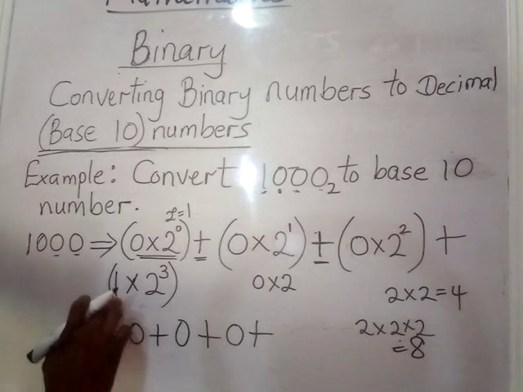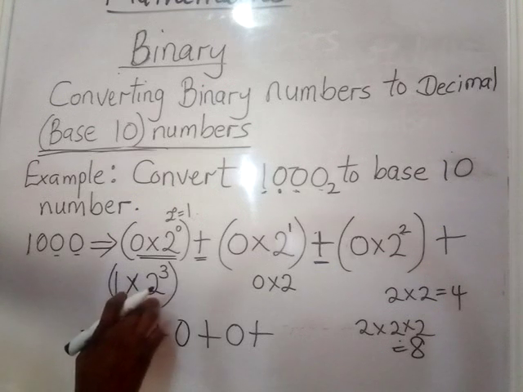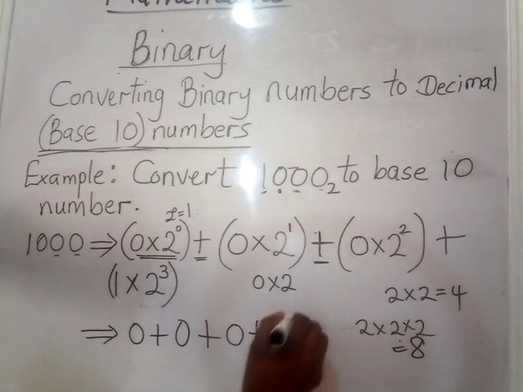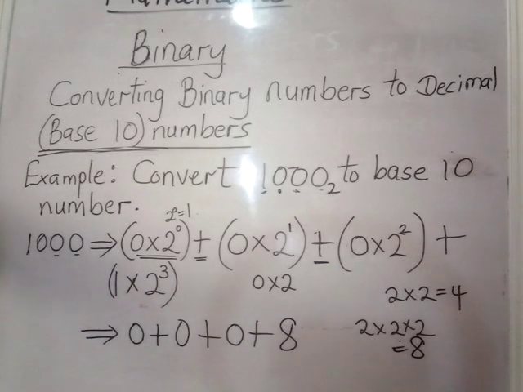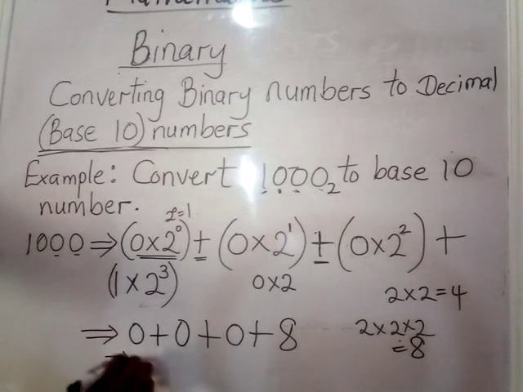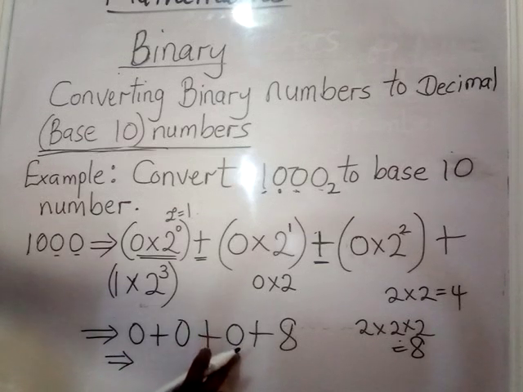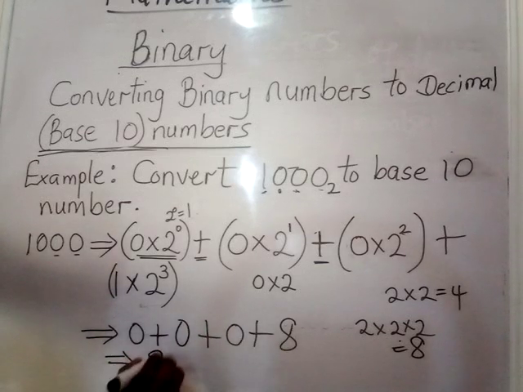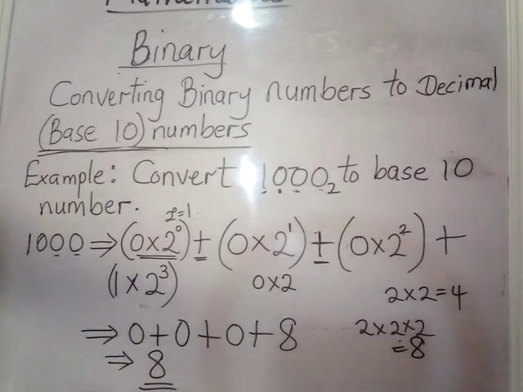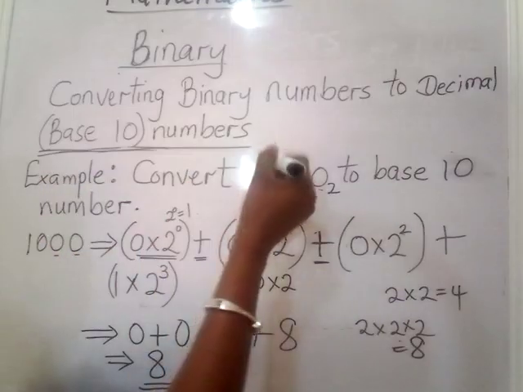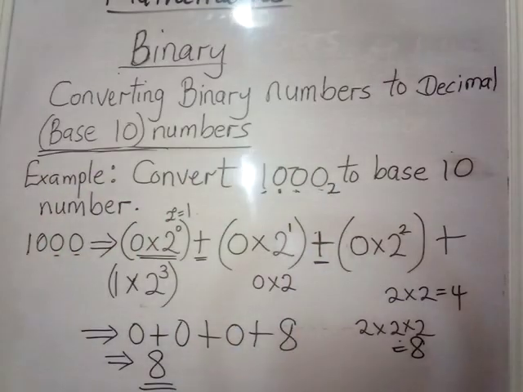So that means in this bracket, what you have is 1 times 8. 1 times 8 is 8. So what do we have? We are going to add everything here together to get our final answer. 0 plus 0 is 0. Plus 0 is 0. Plus 8 is 8. So this number that we have up here, this 1000 in base 2 is the same as the number 8.